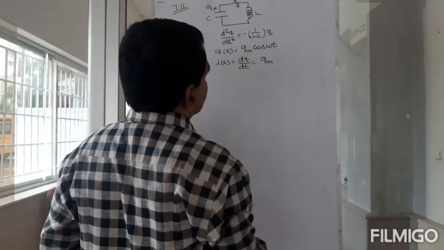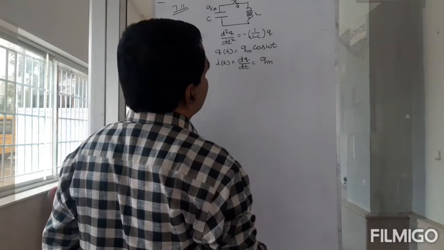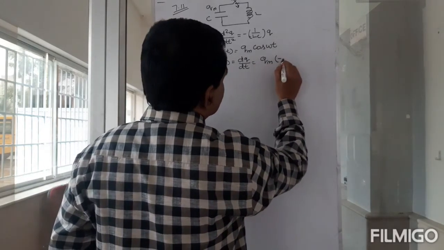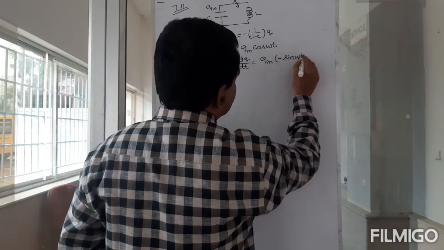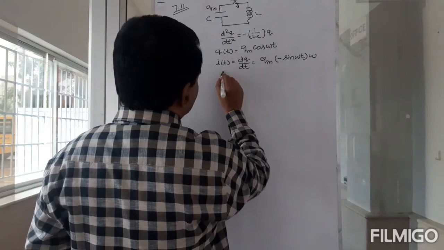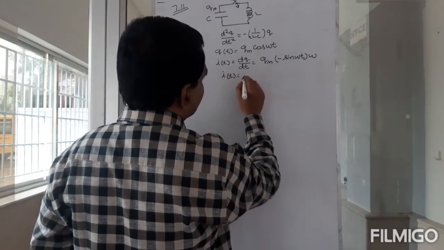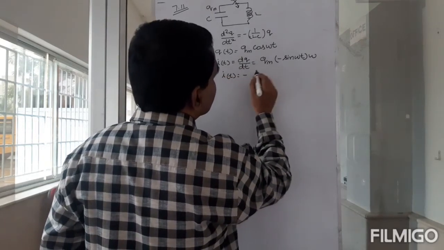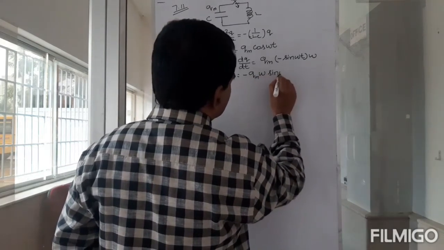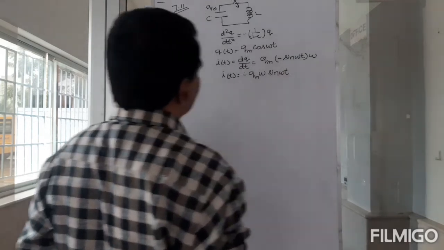It's the amplitude for this function. The derivative of cos omega t will be minus sine omega t into omega. So your I of t is equal to minus qm omega into sine omega t.